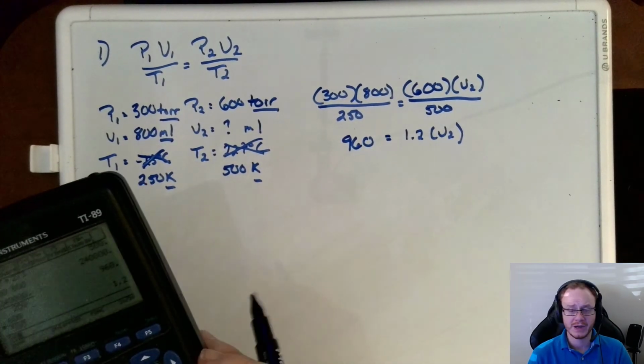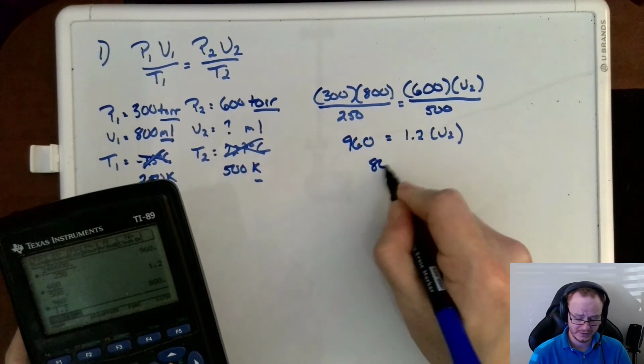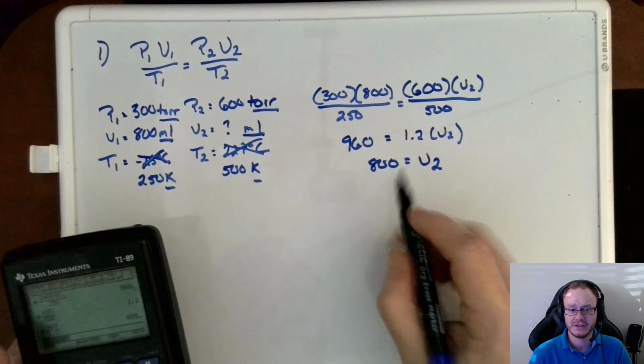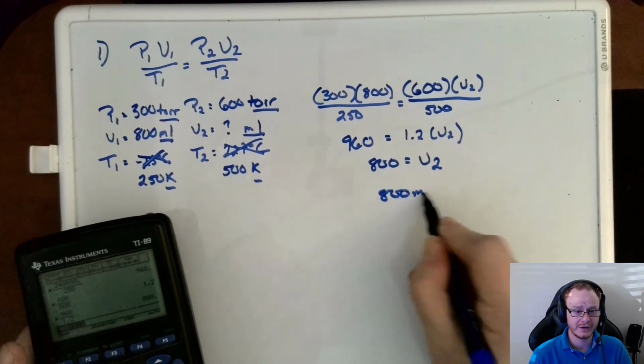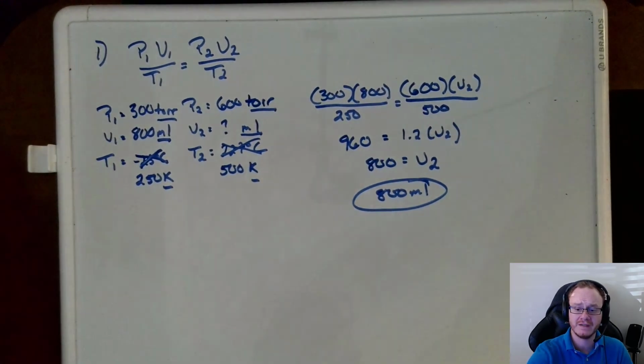Divide both sides by 1.2, so 960 divided by 1.2 will get me my final volume of about 800 V2. Remember, milliliters was the units that was used, and so we end up with 800 milliliters as my final answer.